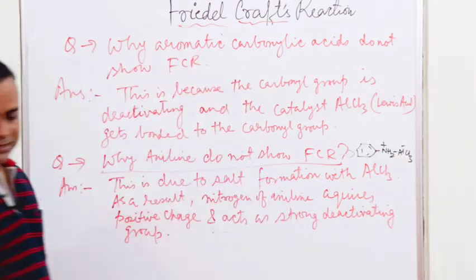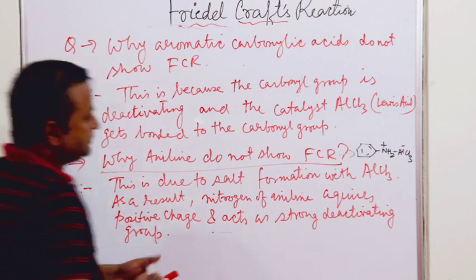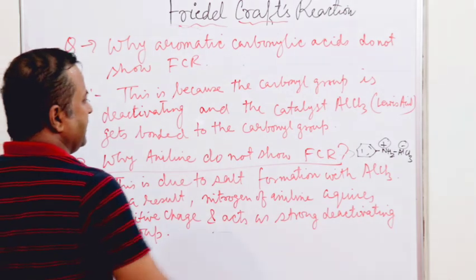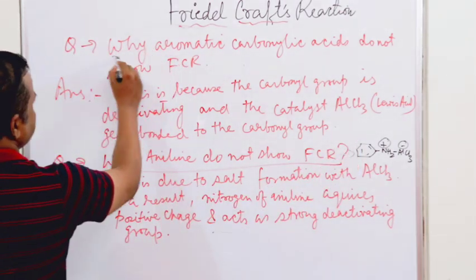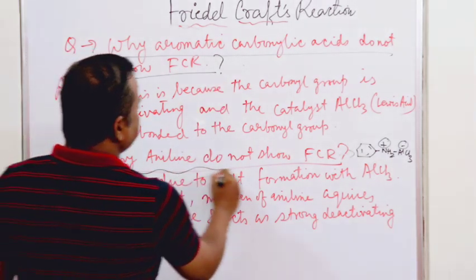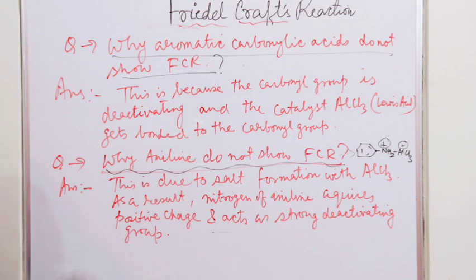A salt like this is formed, and as a result you can see there is a positive charge on the nitrogen atom, and hence the nitrogen atom, because of this positive charge, acts as a deactivating group. So these are two very important questions from the examination point of view, be it board exam or any competitive exam.